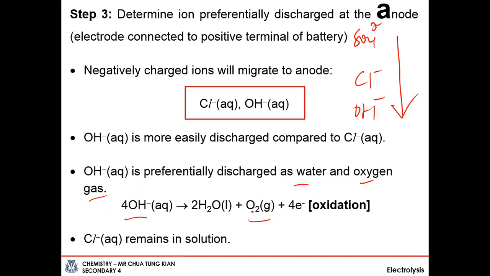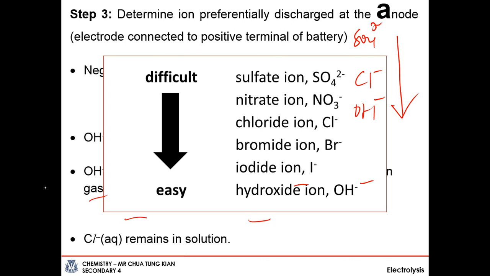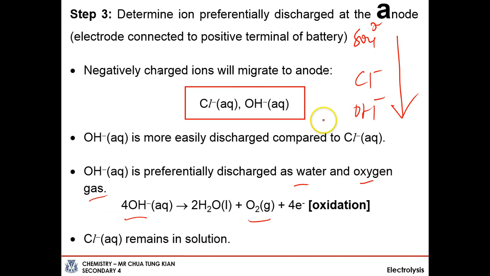So we will actually see some bubbling around the anode. And if you look in your notes at the diagram, you will see that there's some gas collected in the tube above. The Cl- will just remain in the solution. Okay? Yeah, so OH- at the bottom, Cl- at the top.